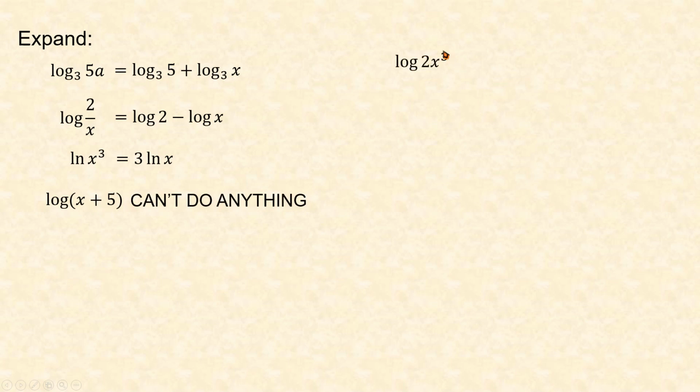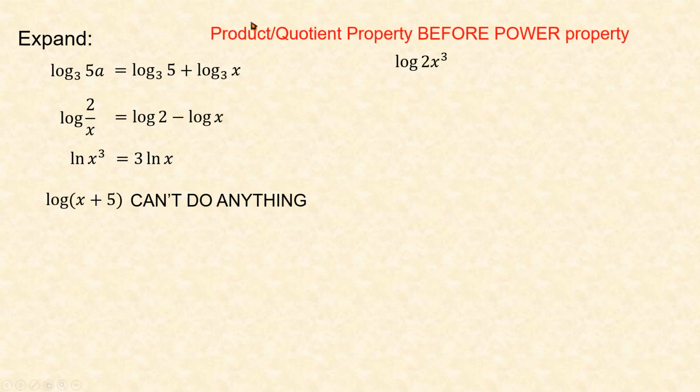All right, now here, let's do one that's more complex. I have log of 2 times x cubed. Now, typically the rule of thumb when you're expanding is that you do the product or quotient property before you do the power property. Okay, split them out first before you do the exponent. So here's multiplication.